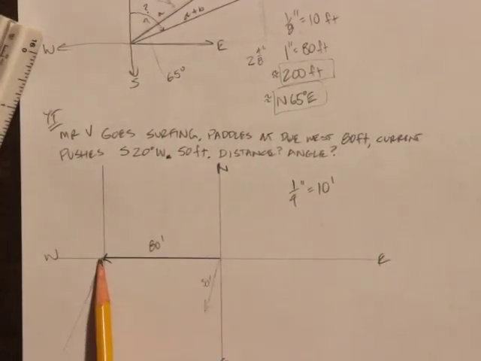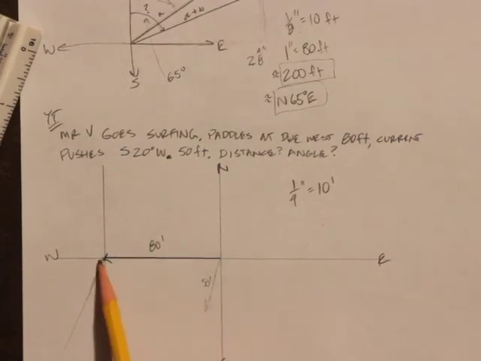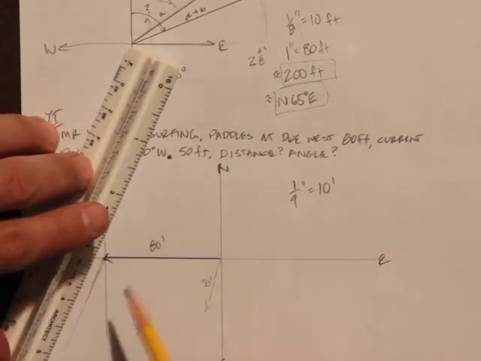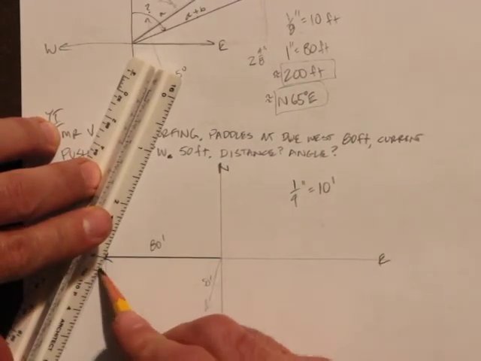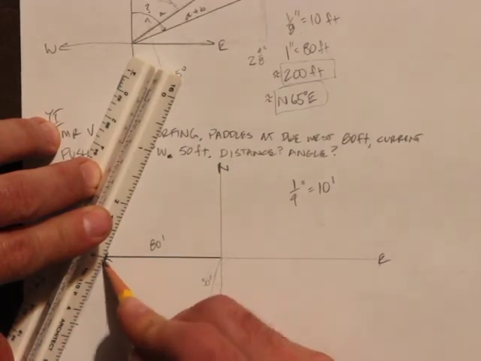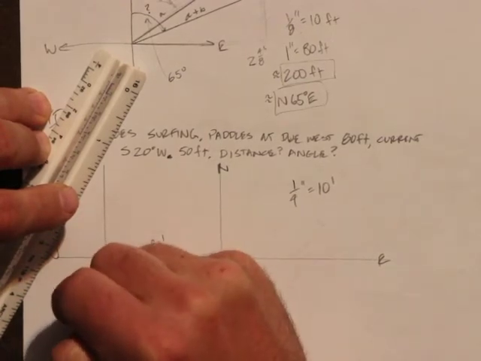I'm going to have to move it anyways to connect them, so I might as well start it right here at the end. So I'm going to find 50 feet. 10 feet is a quarter inch, so I need 5 of those. 1, 2, 3, 4, 5. There are 5 quarters of an inch, which will get me my 50 feet.